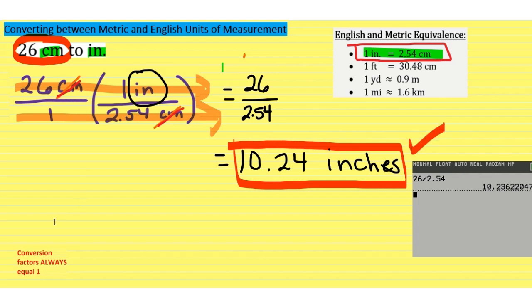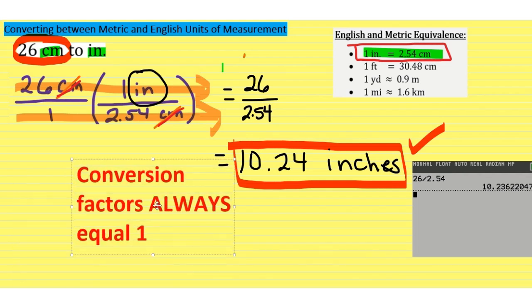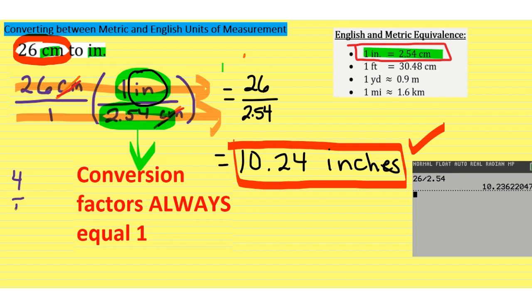But before we leave, I want to talk just briefly about the conversion factor. This conversion factor is always equal to 1, because 1 inch takes up exactly the same amount of space as 2.54 centimeters. It's kind of like when you have 4 divided by 4.